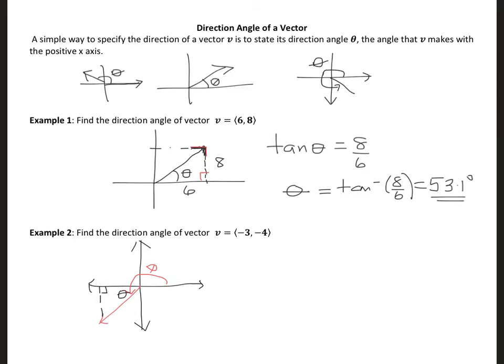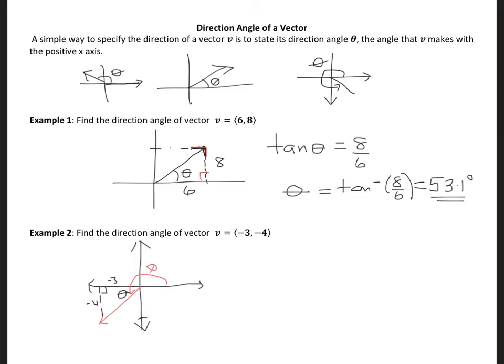I can get that angle here. So this is 3, negative 3, and this is negative 4 right there. So I'm going to use tan and figure out the reference angle, using that symbol, like we did with the reference angle, to show that acute angle.